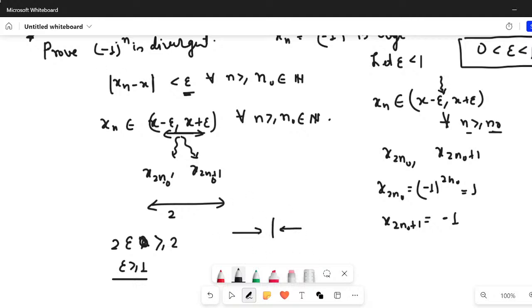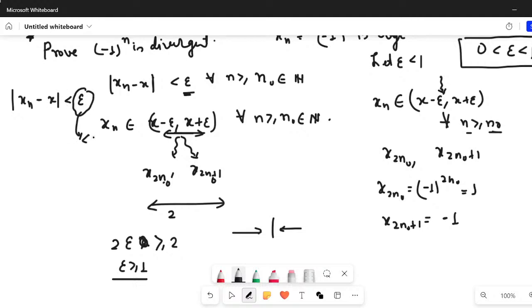What was the assertion? The assertion was, if I am saying that minus 1 raised to power n is convergent, and let's say it is converging to x, then the difference xn minus x can be made less than epsilon for every arbitrary positive epsilon. Whenever I say that a sequence is convergent, then the distance between the sequence and its limit can be made less than any arbitrary positive real number.